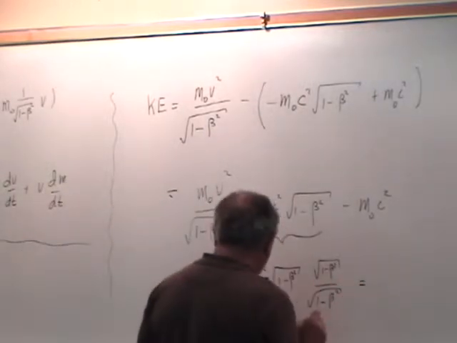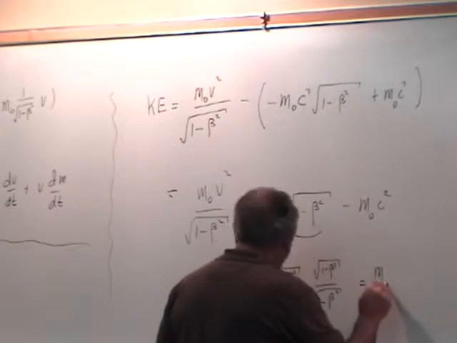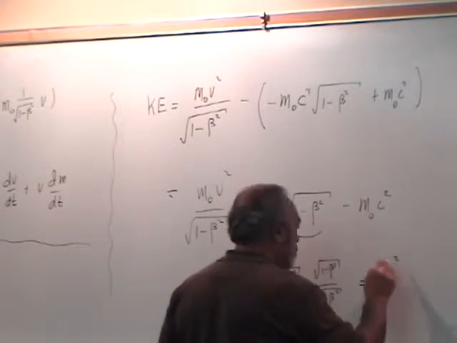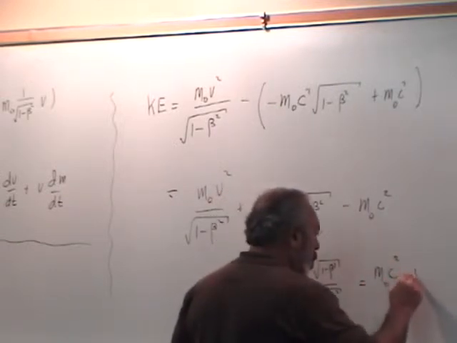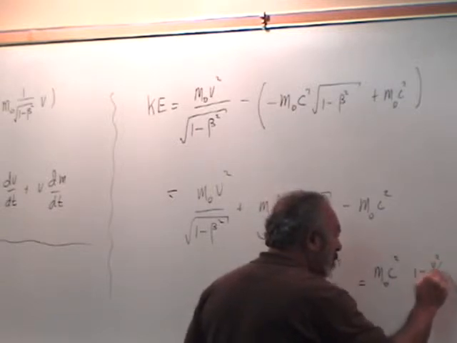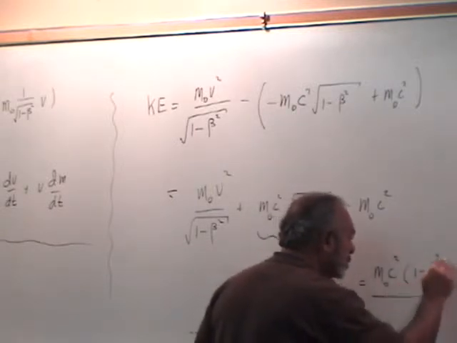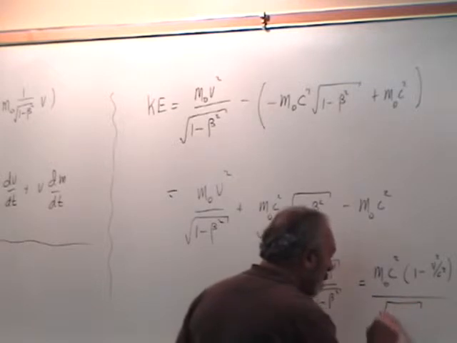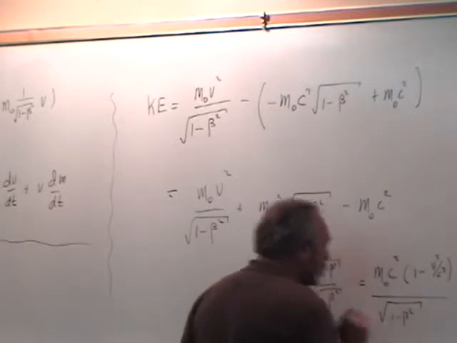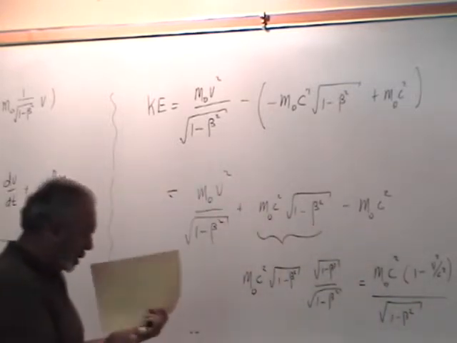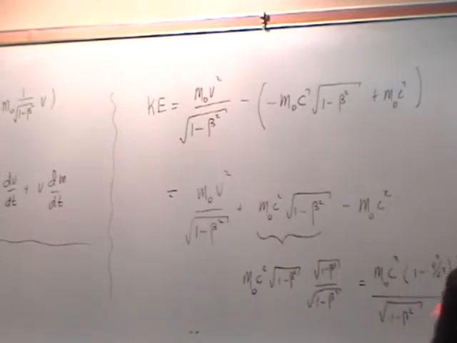I end up with m naught c squared times 1 minus v squared over c squared divided by root of 1 minus beta squared. And this is the missing page of notes. So watch my algebra closely.